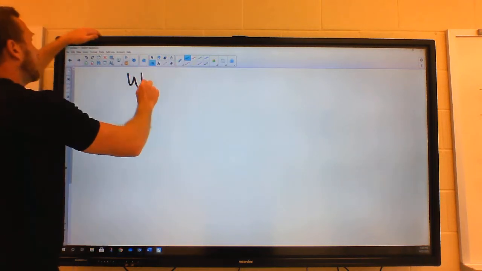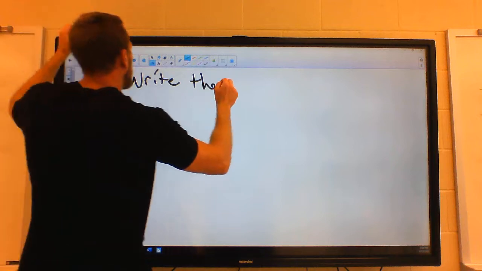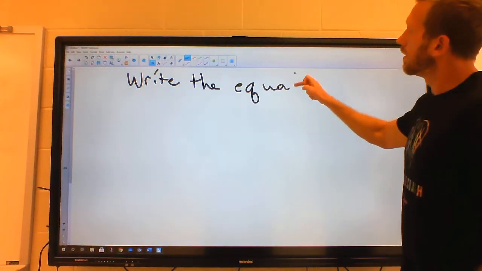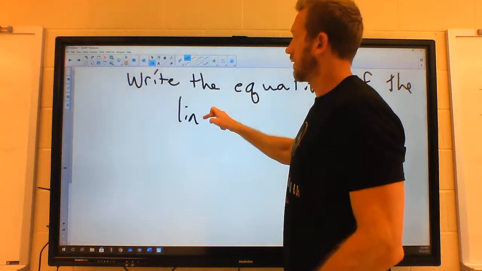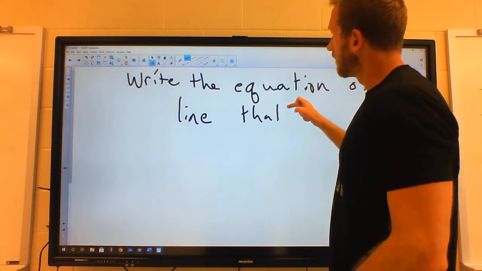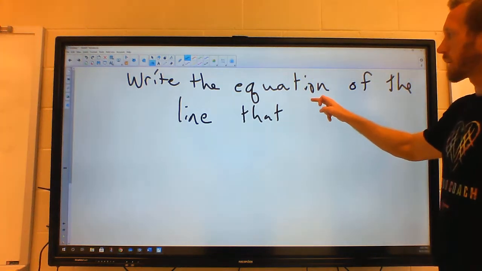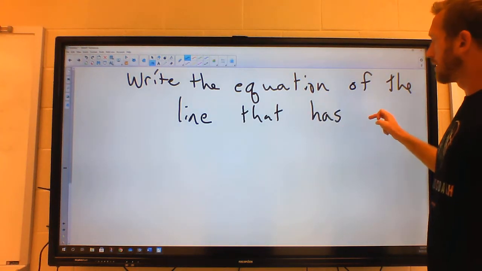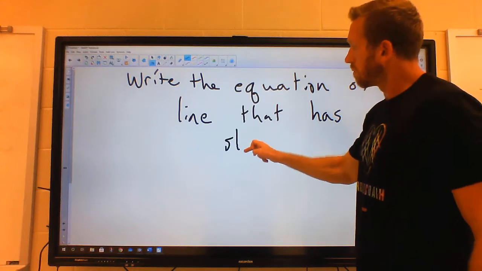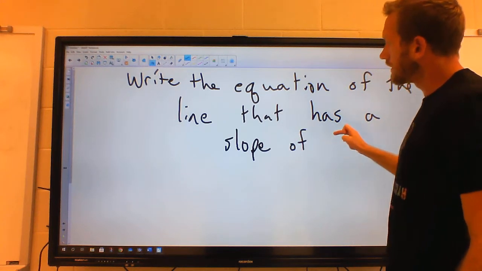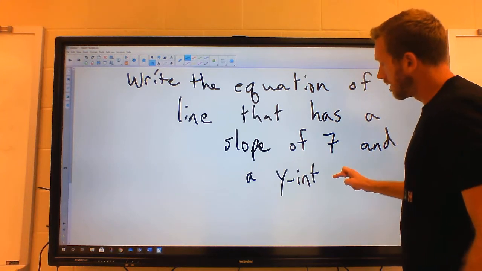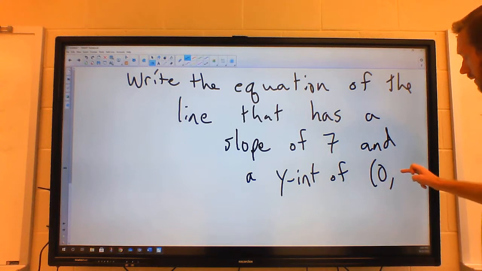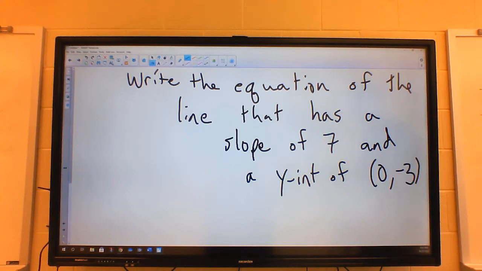So, write the equation of the line that has a slope of 7 and y-intercept of 0, -3. Okay, go ahead and write that equation at this time.